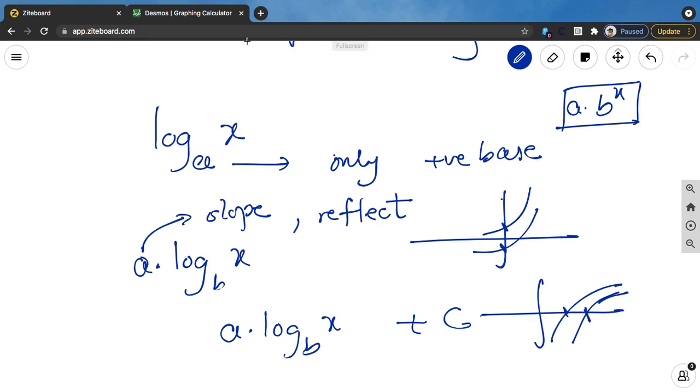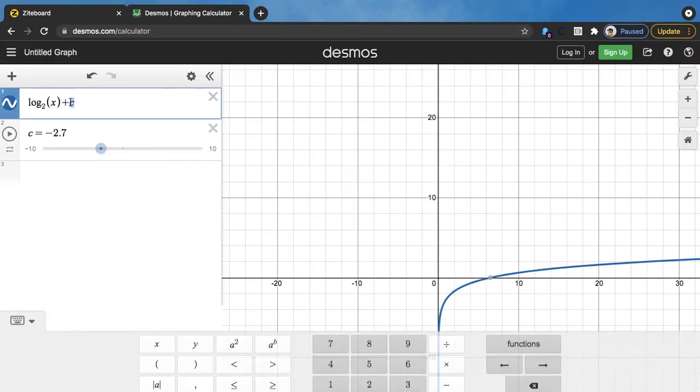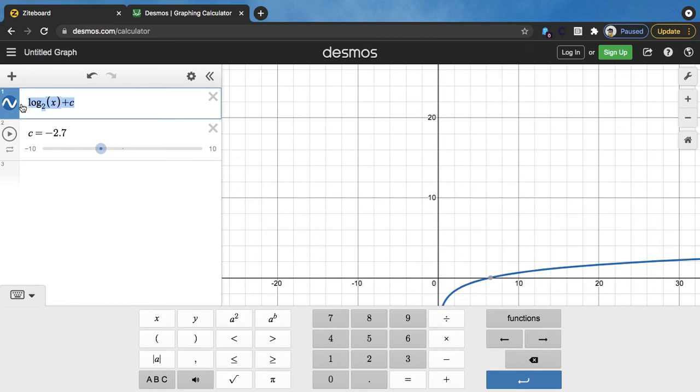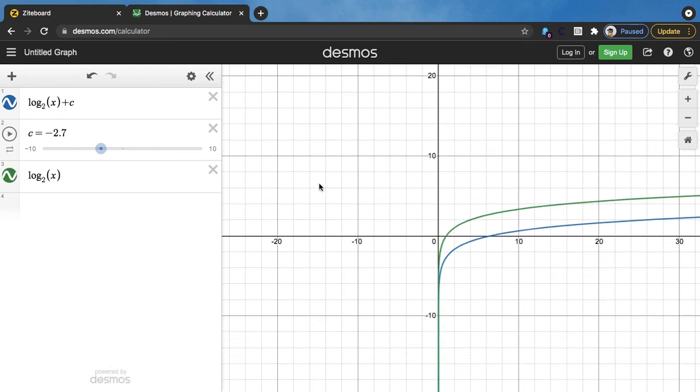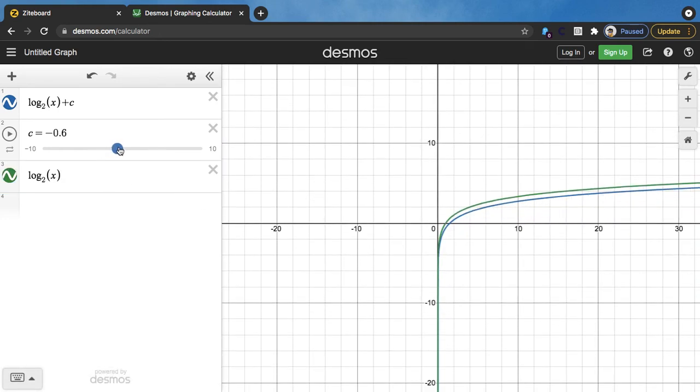You can see the translation if you draw both this as well as the original function. If you now change c, you can see the vertical translation better. But in the exam, you won't have both the graphs.